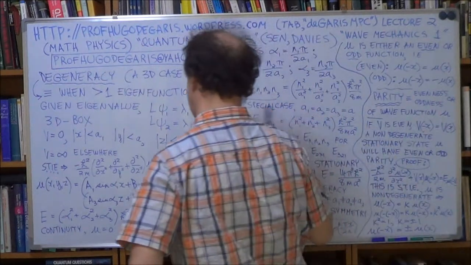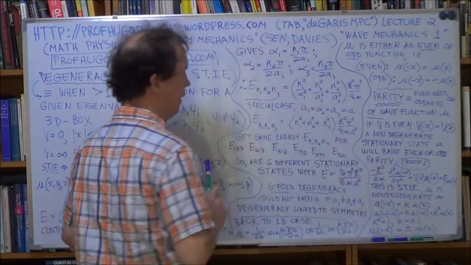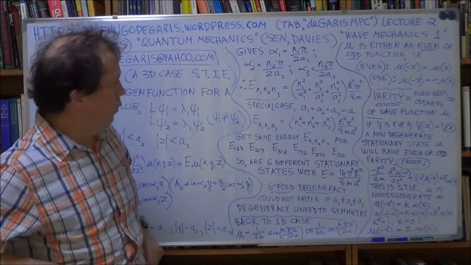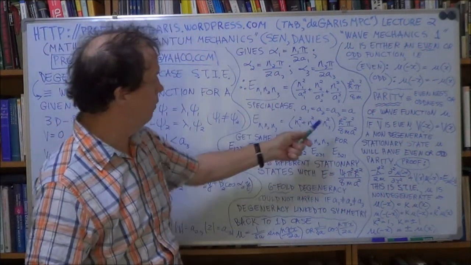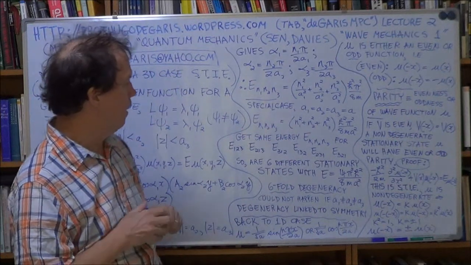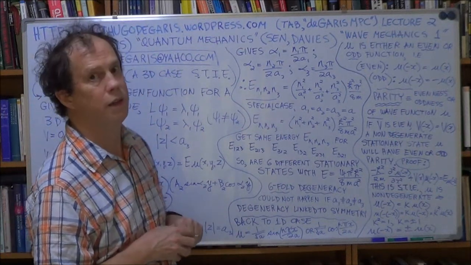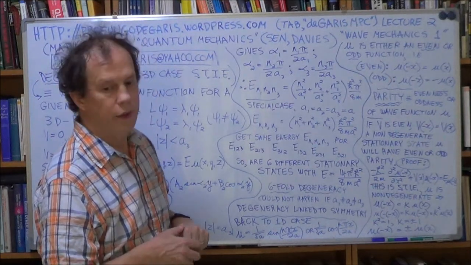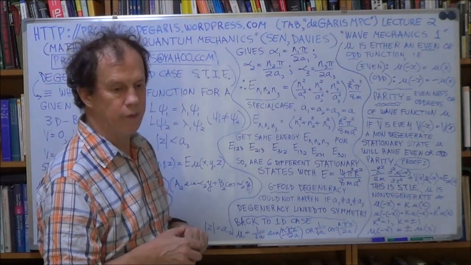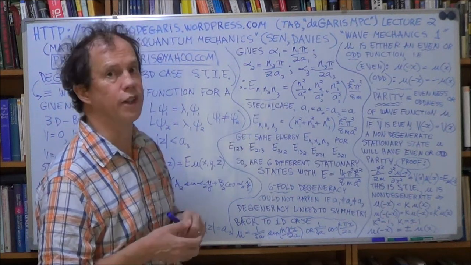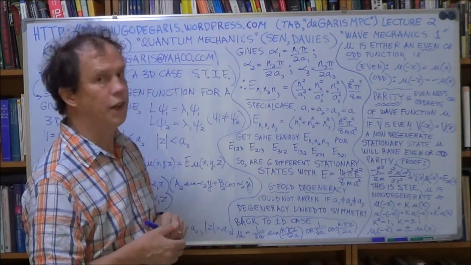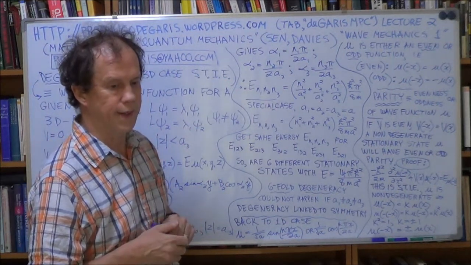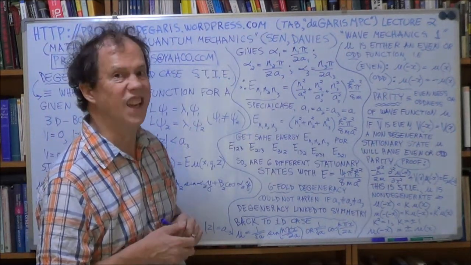Now, in this special case, if we make appropriate adjustments, we can arrive at degeneracy, where the eigenfunctions, or in this case wave functions, are degenerate, meaning the eigenvalue is the same, and in this case the eigenvalue is the energy.